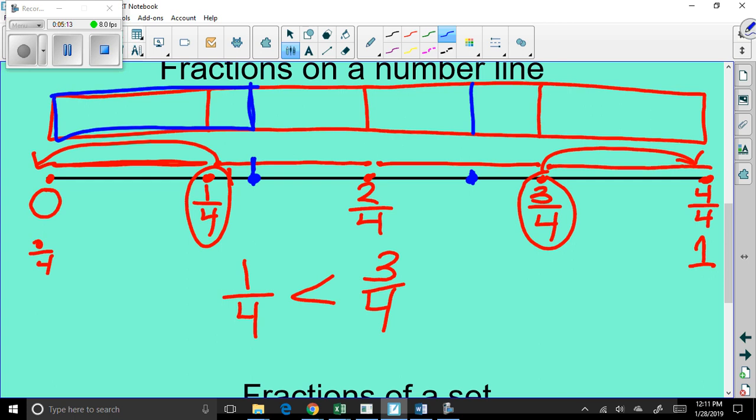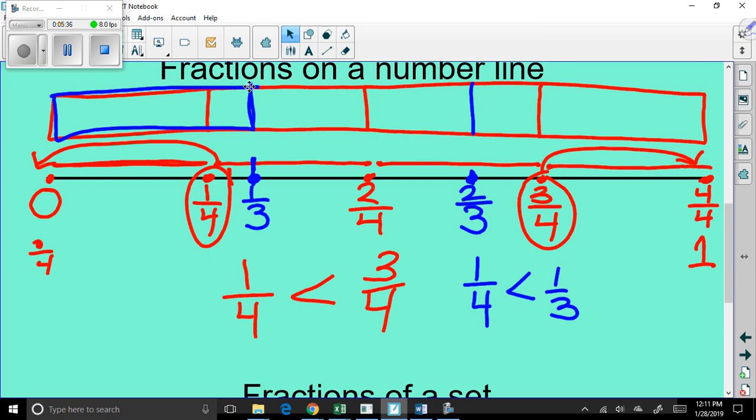And so therefore I can still start with 0, or 0 thirds. They are both 0. I have 1 third here, and I have 2 thirds here. So again, when I go to compare, the fraction that is closest to 0 is the smallest. So if I look at 1/4 versus 1/3, I know that 1/4 is smaller than 1/3 here.